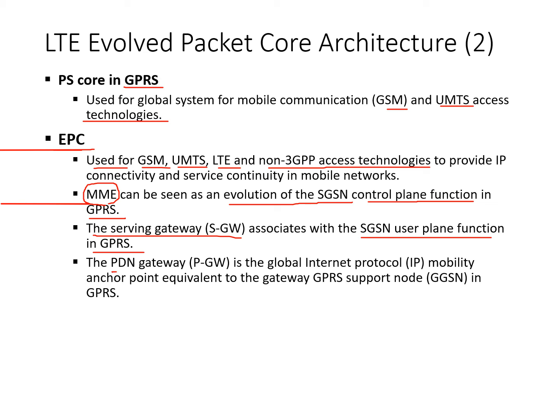The PDN Gateway is the global Internet Protocol mobility anchor point, equivalent to the gateway GPRS support node in GPRS. Here you can see how the EPC was evolved from the 2G, 3G system.